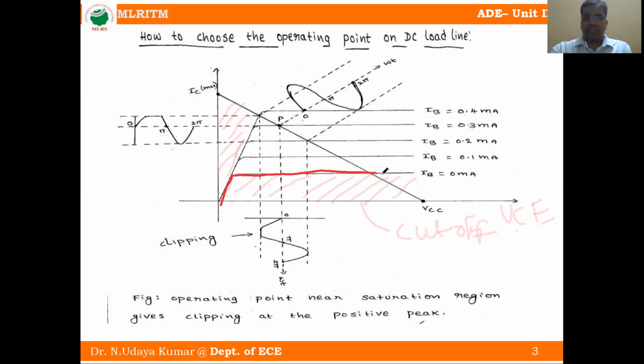The flat region is where IC is constant.